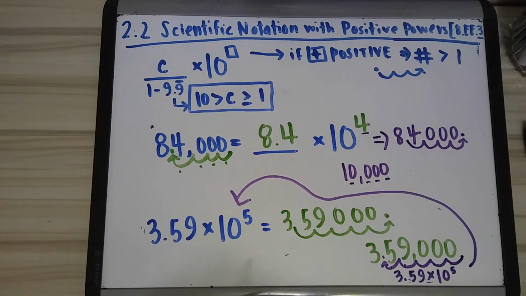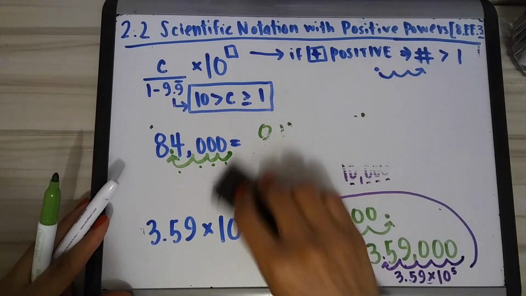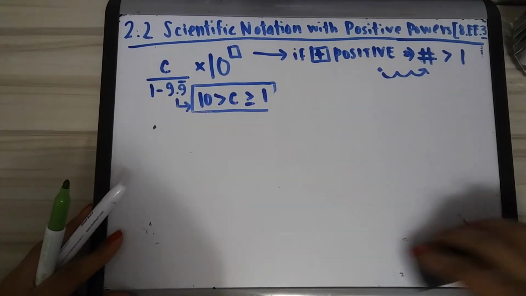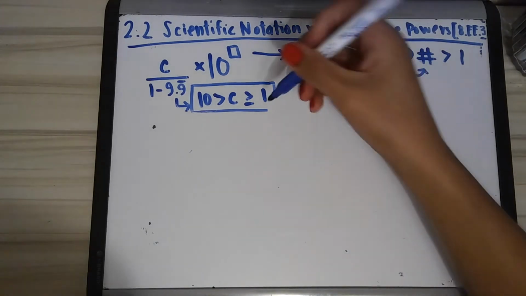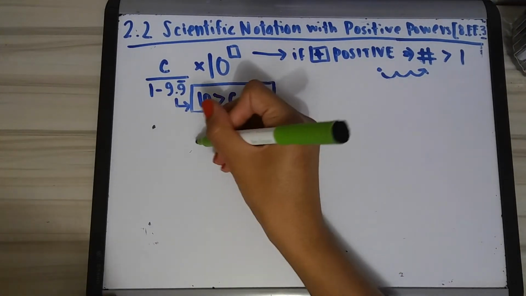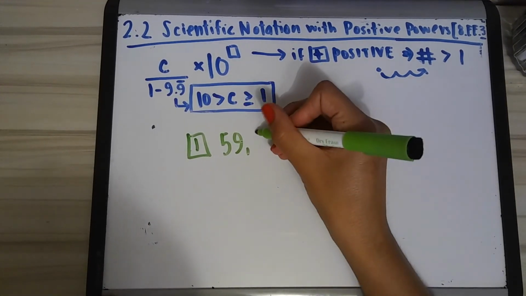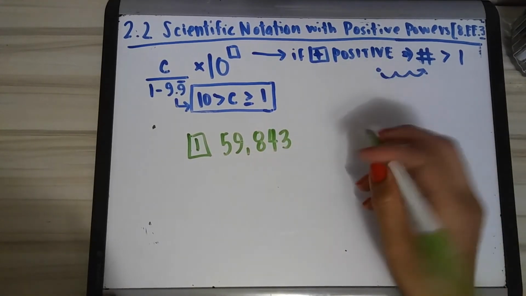Okay, so make sure that you know how to do this, that you're watching the video, and let me give you a problem that you're going to show me for your homework. Actually, you'll get 2. Make sure you show me this whiteboard with the answers and your work at the beginning of class when we have this lesson. So here we go. Let's change 59,843 into scientific notation.